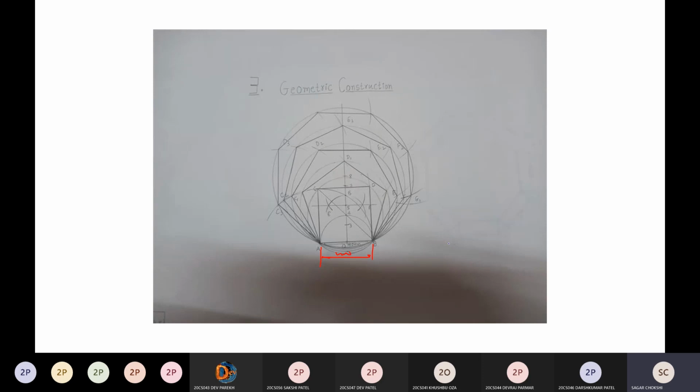Check the dimension of the octagon, there may be chances it is wrong. This size of yours has become big. See, it is not 40. Check this also. So you have to repeat the octagon.